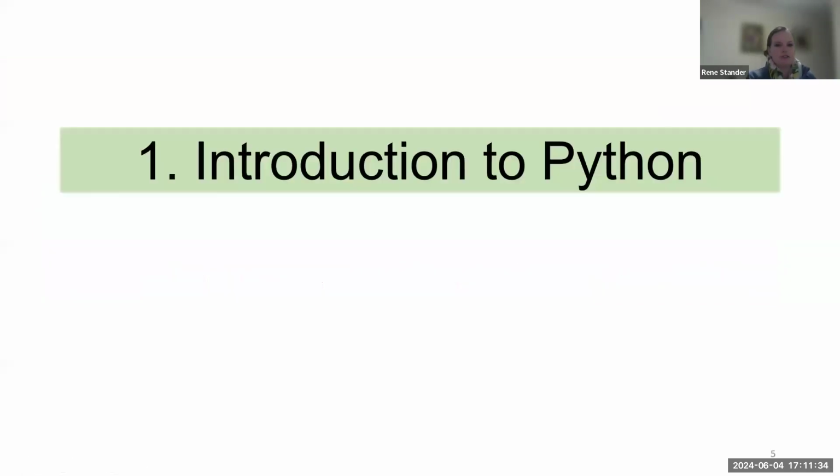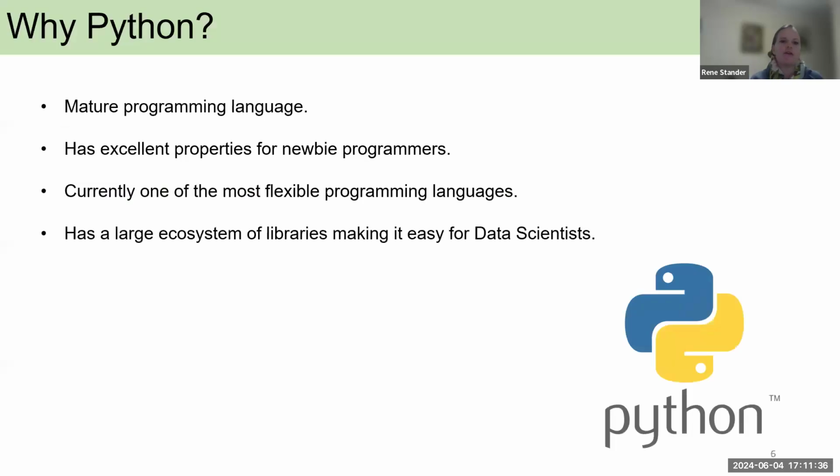So, just the introduction to Python. Why are we learning Python? Why do we need it? Python is actually a mature programming language. It's quite old, developed in the 1990s, so older than the rest of the programming languages. And so it's quite developed.